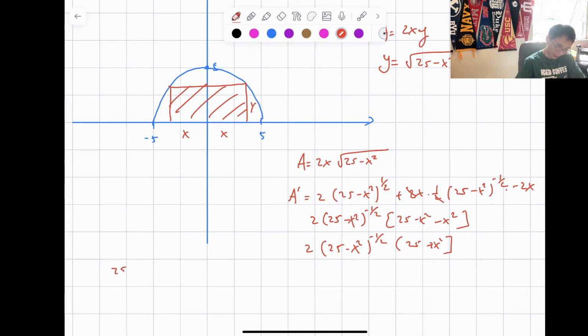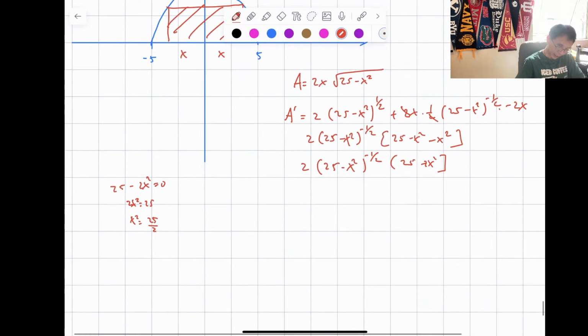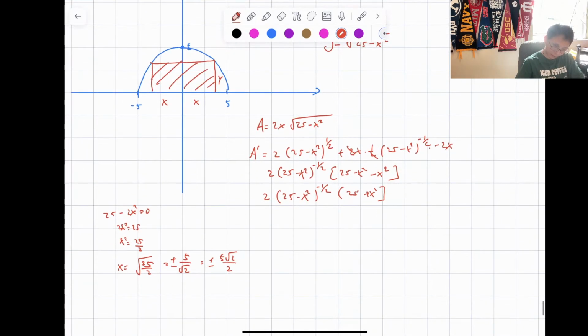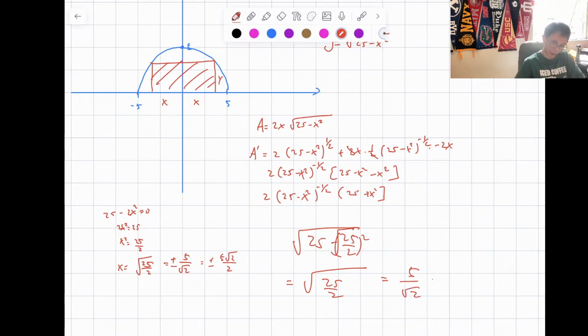If you set 25 minus 2x squared equal to 0, 2x squared equals 25, x squared is equal to 25 over 2, and then x is equal to root 25 over 2, which is 5 over root 2, or 5 root 2 over 2. If you plug in, 25 minus 25 over 2, because the square root squares, that's equal to 25 over 2, which is 5 over root 2 again, that's the y.